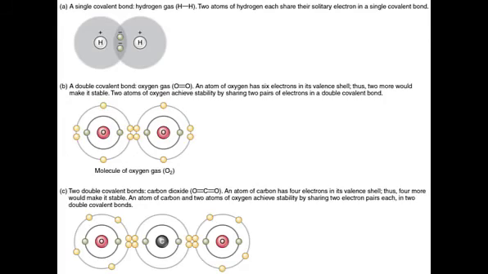In a single covalent bond, a single electron pair is shared between two atoms, while in a double covalent bond, two pairs of electrons are shared between two atoms. There even are triple covalent bonds where three pairs are shared. So you can see that the covalent bonds shown in this picture are balanced.